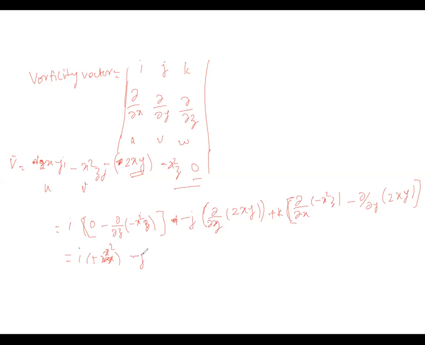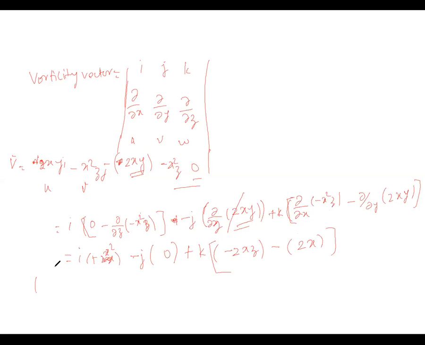Then minus j into the derivative with respect to z of 2xy, which is a constant with respect to z, so the j component is 0. Then plus k: differentiating with respect to x gives minus 2xz, minus, differentiating with respect to y gives 2x, so minus 2x.